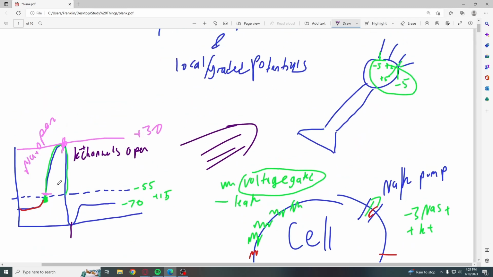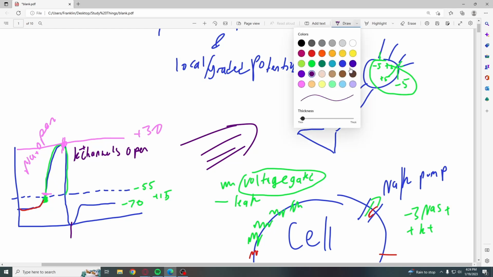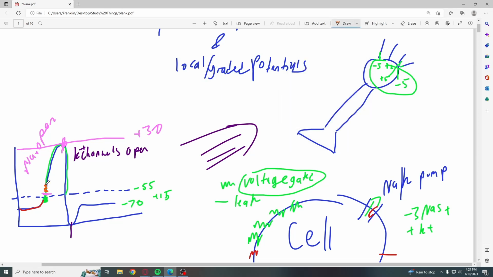So over here we have the depolarization, in orange. Anything here is depolarization, where you're increasing the charge on the cell.